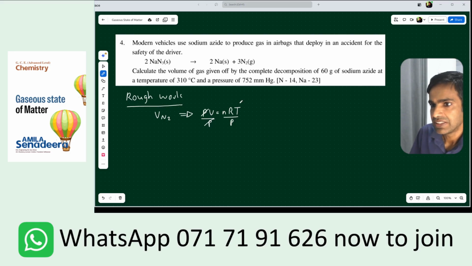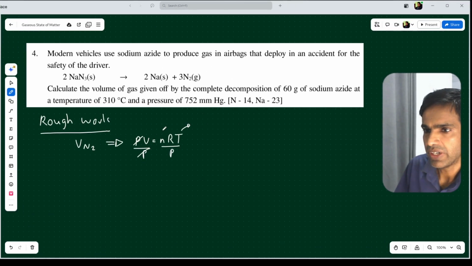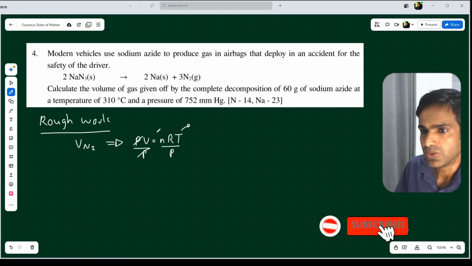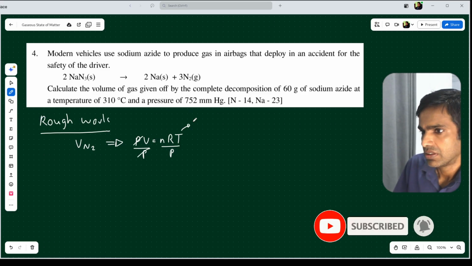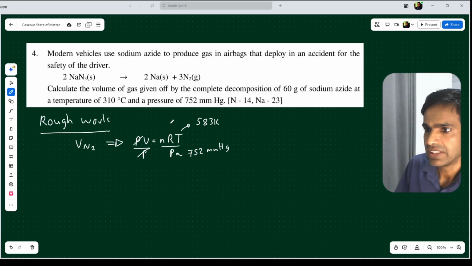Temperature is given, 310 degrees Celsius. That means we need to add 273 to make it kelvins. So it is 583 kelvins. Then pressure is given. It is 752 millimeters of mercury.